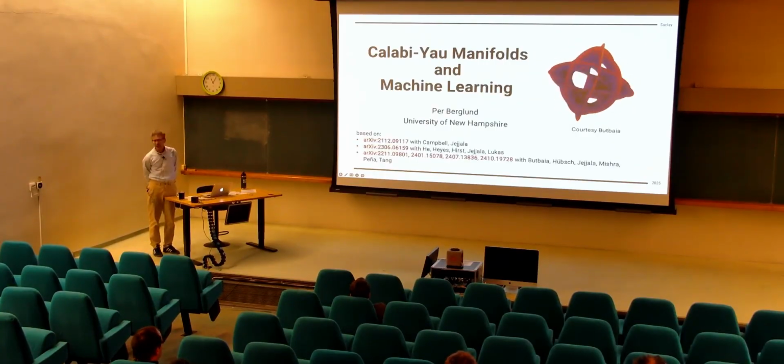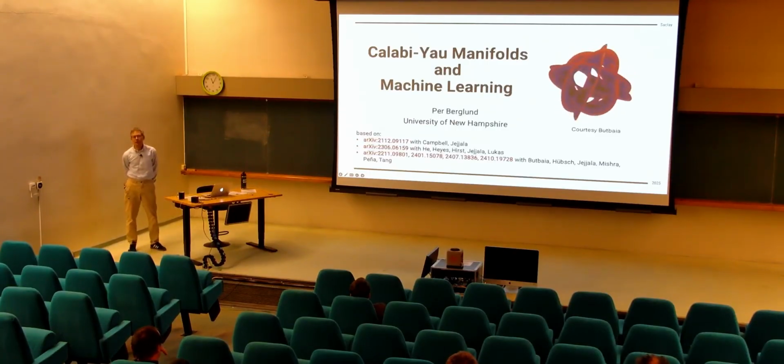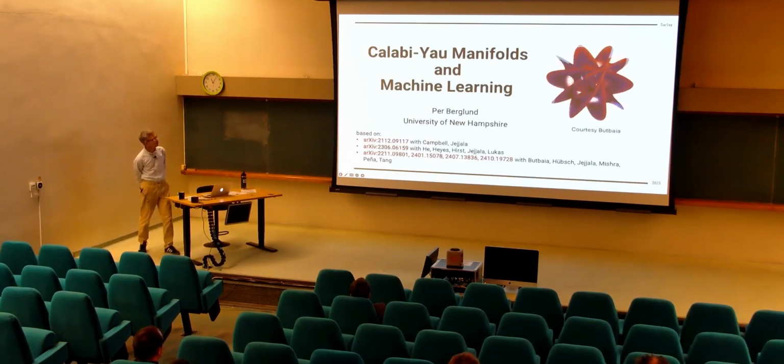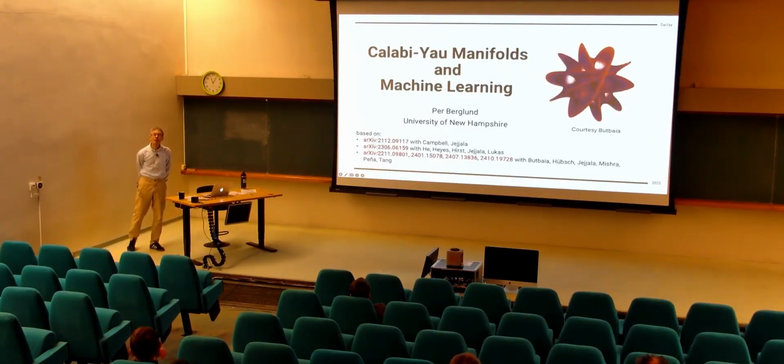Although we're not claiming that this particular calculation is directly relevant for anything that you can observe, let's say at CERN. But in principle, it's a point of principle calculation using machine learning to solve for the Ricci flat metric.